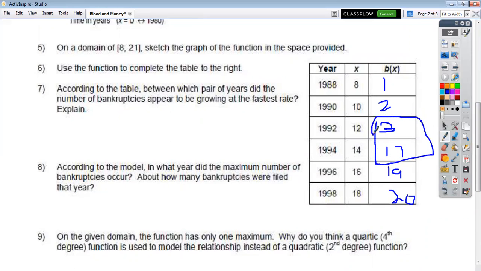So that's when it would be growing fastest, because in 2 years it gets 14 more. That's the most it changes. So that's what you're looking for over here.